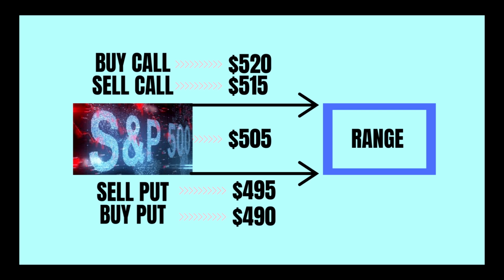You collect premiums from both of the trades, but you also want to limit your risk by buying a put option at the $490 strike price and a call option at the $520 strike price. All these 4 components will make one option trade when you use your trading platform's strategy builder.